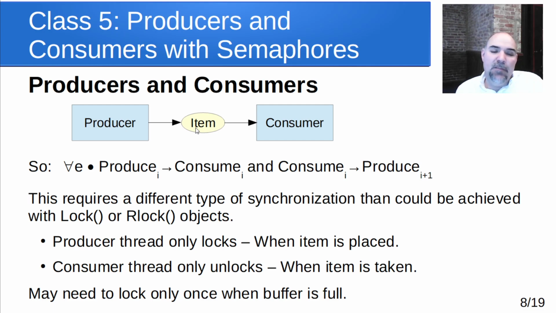because they have to be locked and unlocked by the same thread. So in this case, we want the producer to put an item in and lock, and we want the consumer to take the item out and unlock it so the producer can put another one in. If we had a buffer here, we would only need to lock once this fills up, and then as soon as this takes something out, it would unlock.